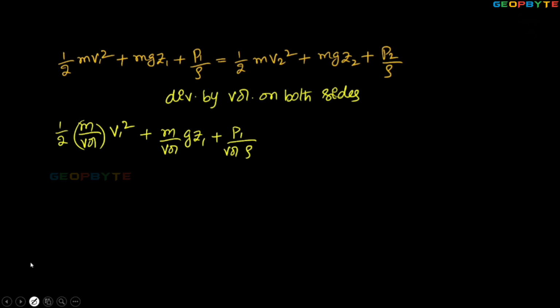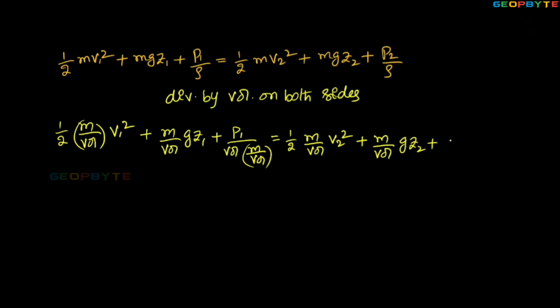Of course, rho can be written as mass by volume. This is equal to half into mass by volume into V2 square plus mass by volume into g Z2 plus P2 by volume into density, which is mass by volume. Z1 equal to 0, so this quantity is becoming 0.